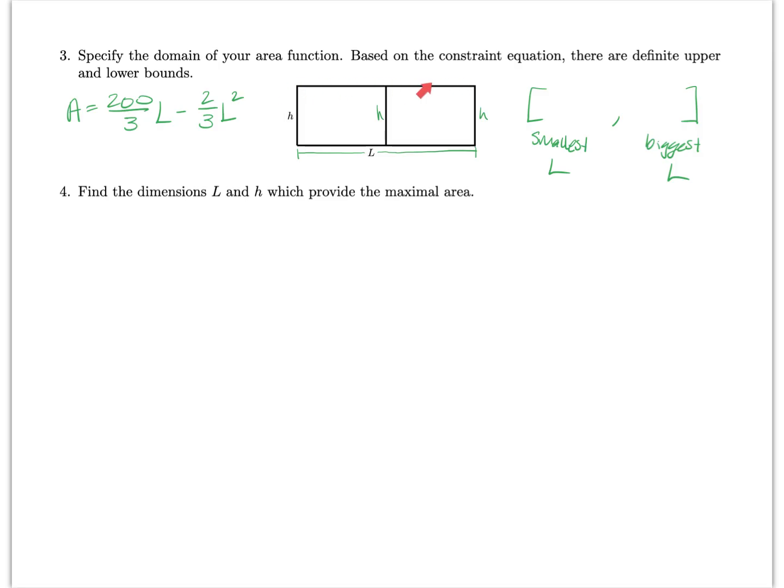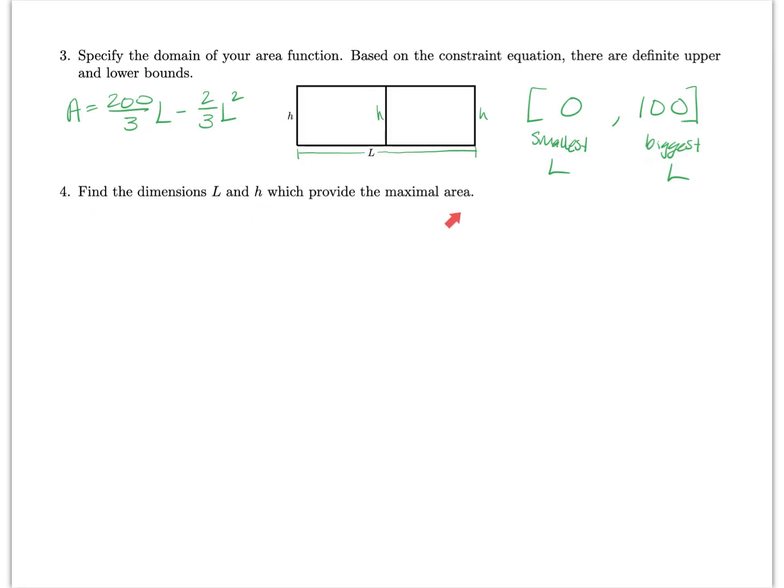So 100 is the longest that L can be. That happens when H is 0. And then the smallest L can be would be 0, and I would use all of my fencing on 3 H's that are right on top of each other with no space between them. So it would have to be 0 to 100, smallest L to the biggest L.